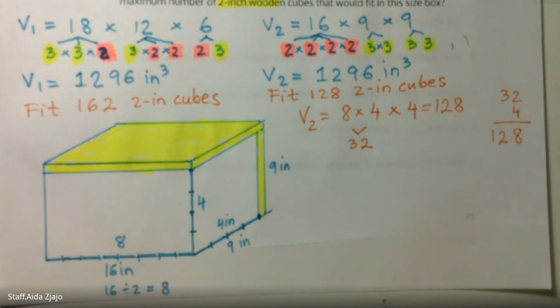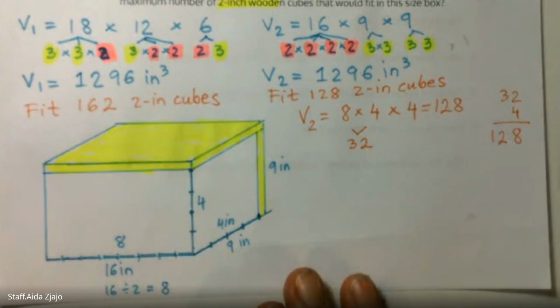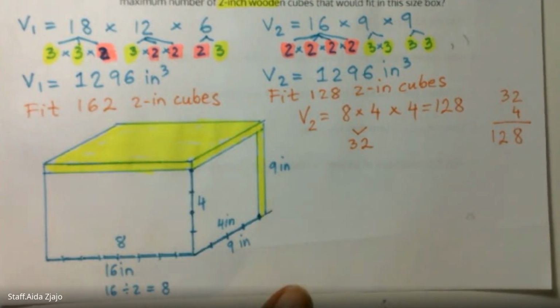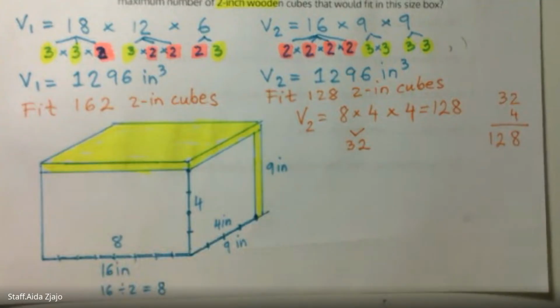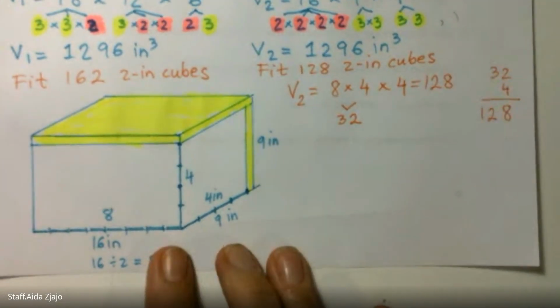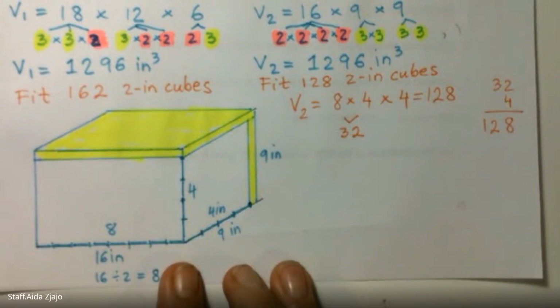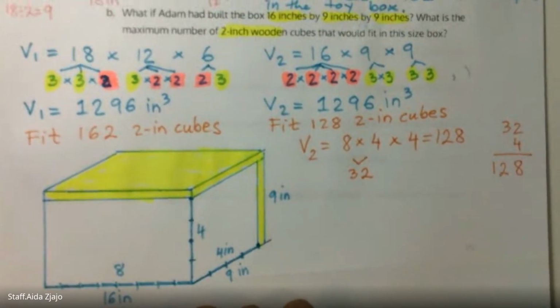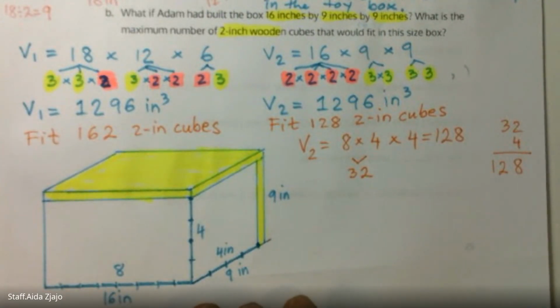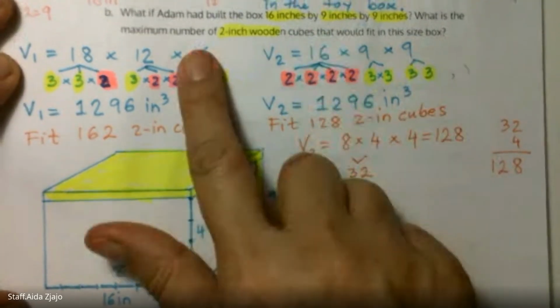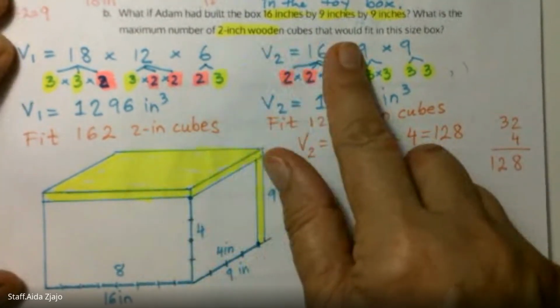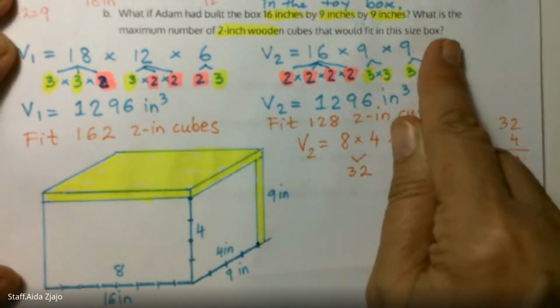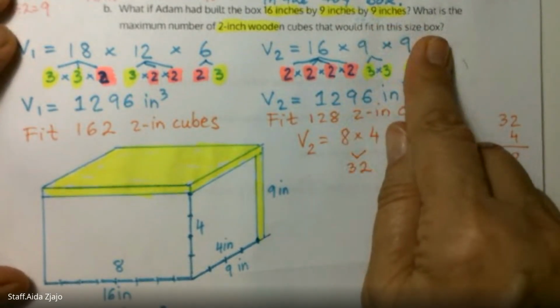You can also prove your answer, but it's already a long lesson, so I don't want to bother you with that. I'm just going to go with answering in words. What is the maximum number of 2-inch wooden cubes that would fit in this size box?